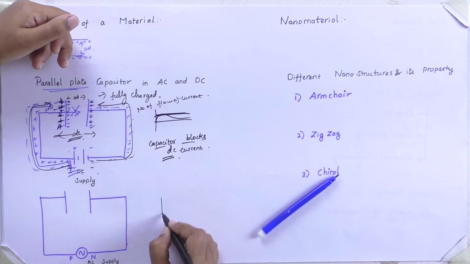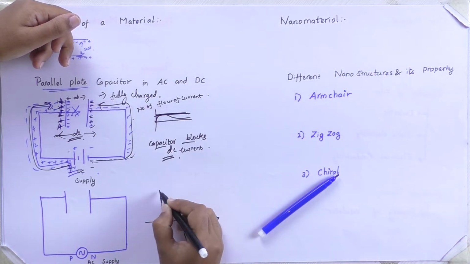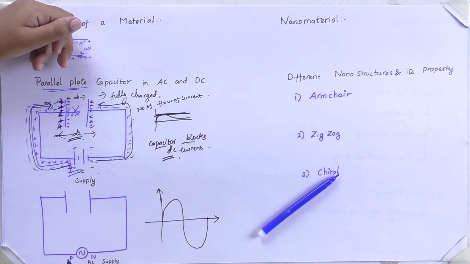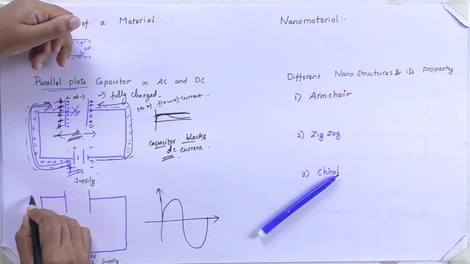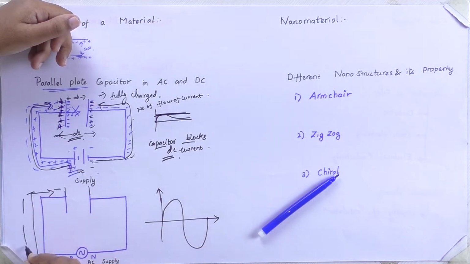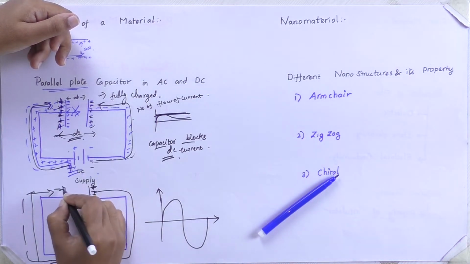Similarly, if I am supplying an AC supply, that is phase and neutral, there will be a positive half cycle and a negative half cycle. The electrons will move towards the supply, and the charges will be accumulated on the plate.